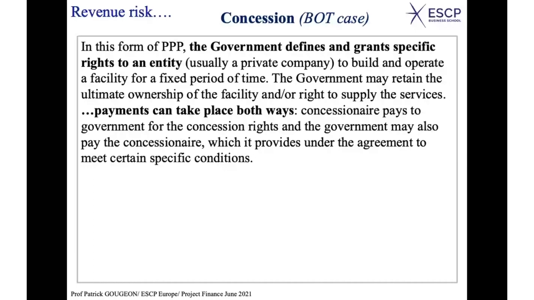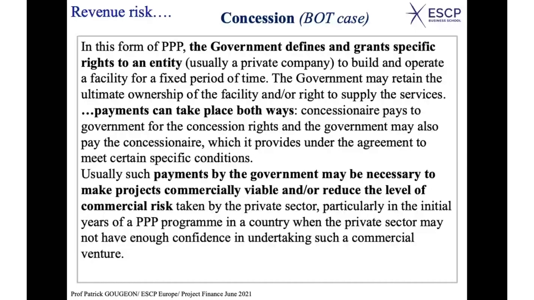Usually, such payment by the government may be necessary to make the project commercially viable and/or to reduce the level of commercial risk. The problem is that for many public infrastructures, if you operate on purely private rules, there is too much uncertainty about the revenues, and even what you can expect might be, for sure, less than what is necessary to justify an investment by private investors.